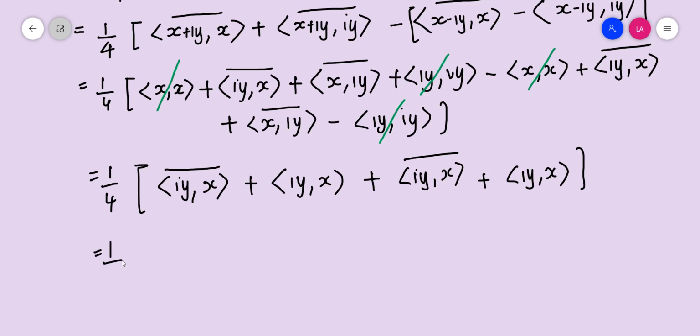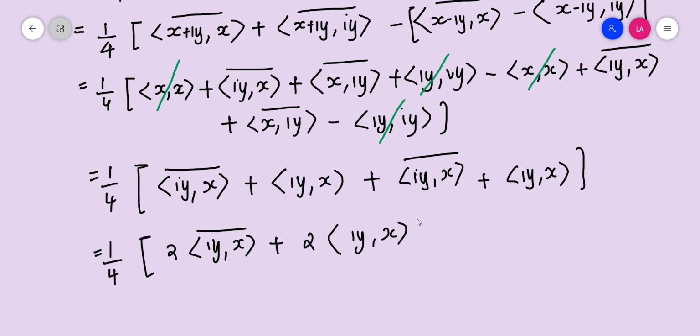Now this is actually 1 by 4 times 2 times inner product iy x the whole conjugate plus 2 times inner product iy x.